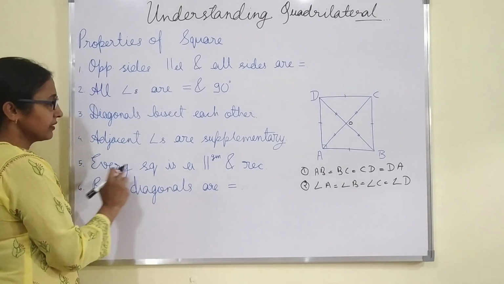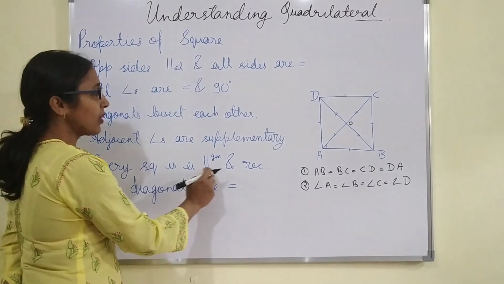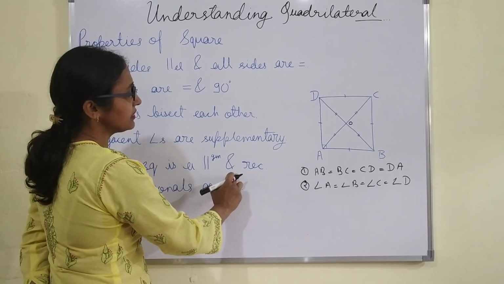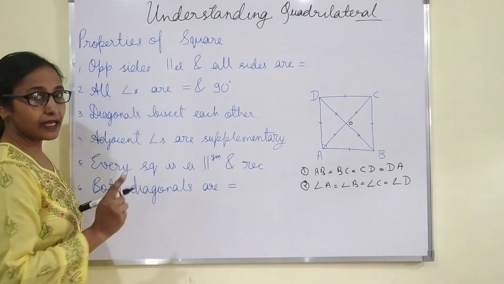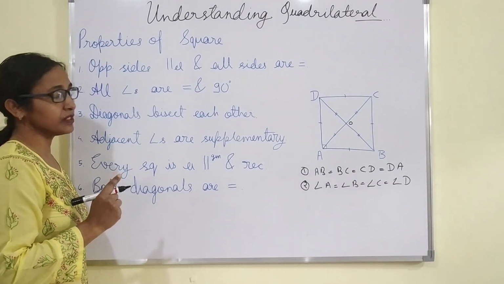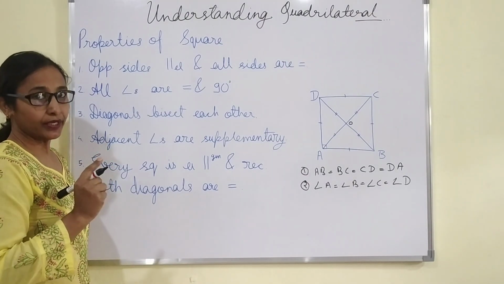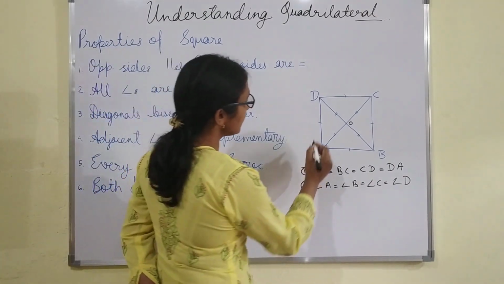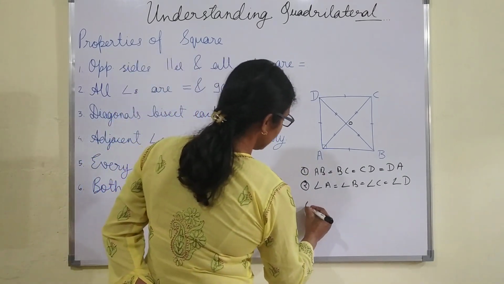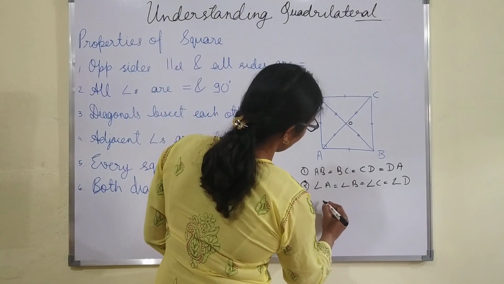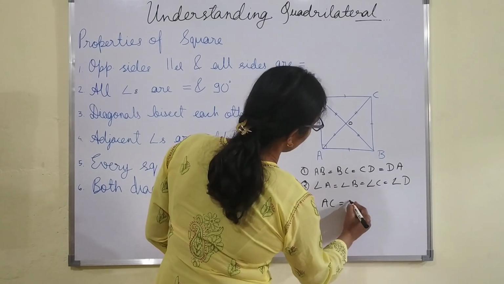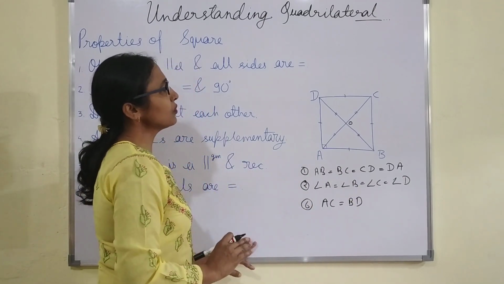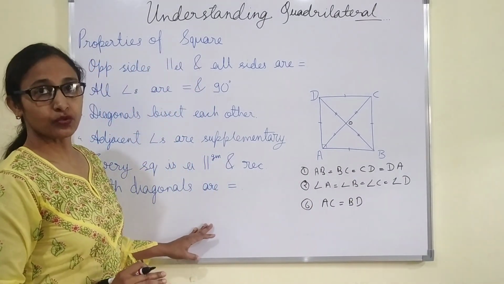Just now I told you, a square is a parallelogram. A square is a rectangle too, because it follows all the properties of a rectangle except that here no pair of opposite sides is unequal. The last, sixth one is both diagonals are equal. AC equals BD. Okay. So, this is the square.